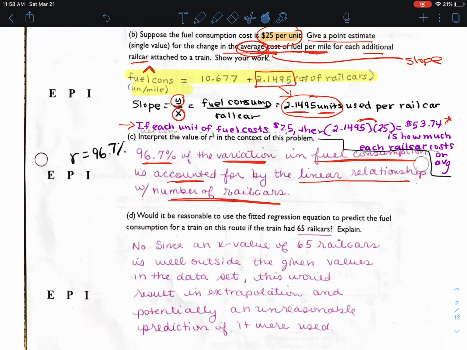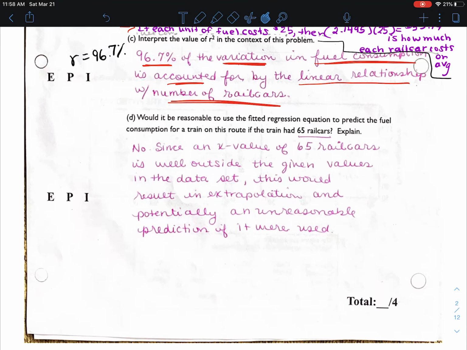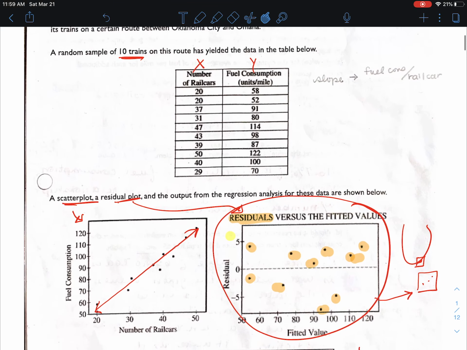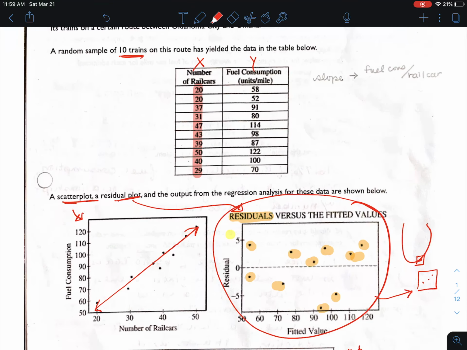And finally on this one, it says, would it be reasonable to use the fitted regression equation to predict the fuel consumption for a train on this route if the train had 65 rail cars? So what you want to do is look back at the original set of data and take a look at how those x values spanned. You'll notice when you look at those, I think the smallest number of rail cars was 20, and it went maybe up to about 50 right here.